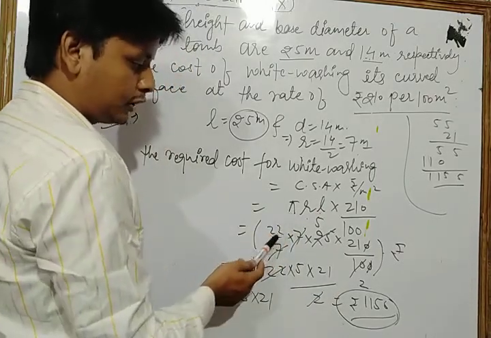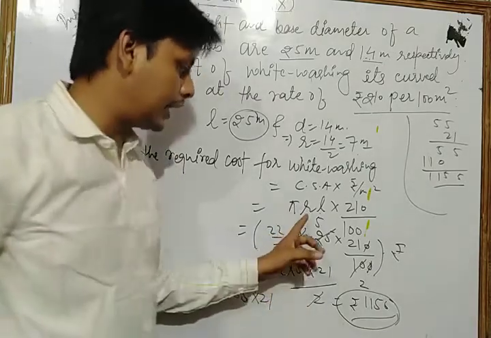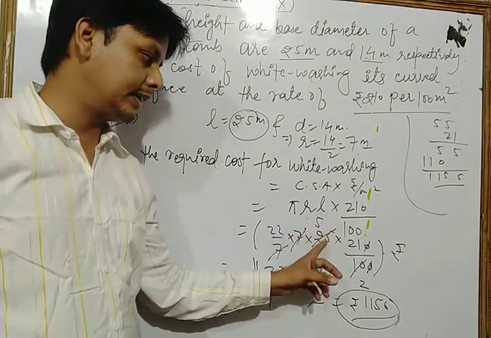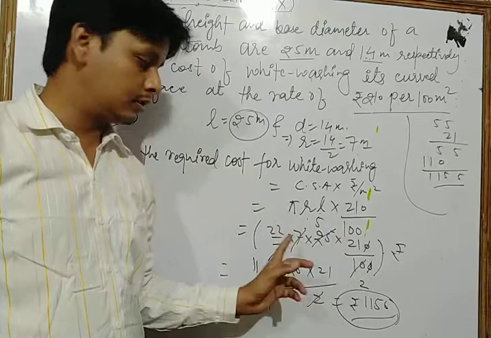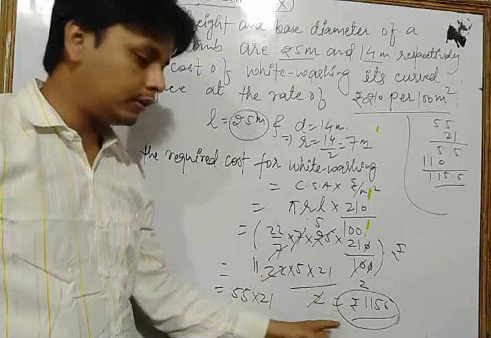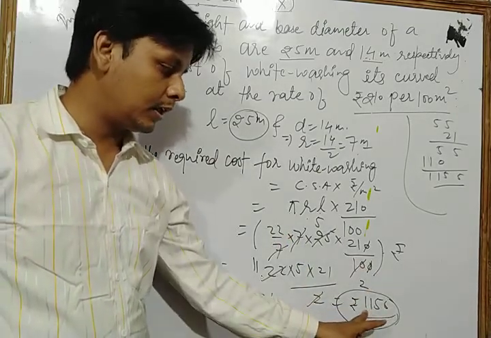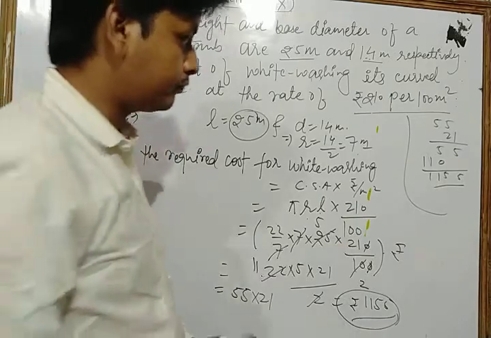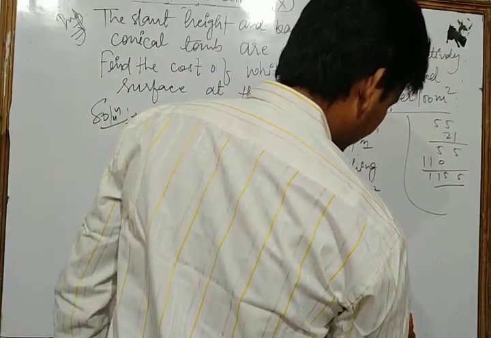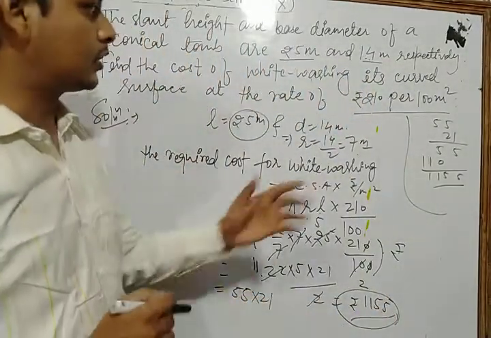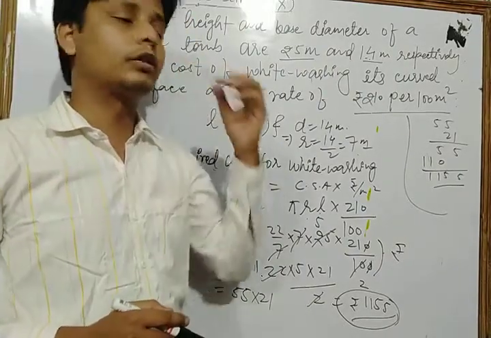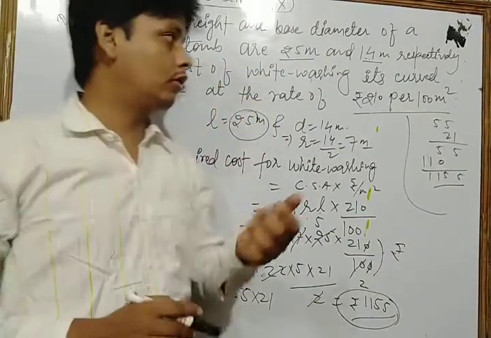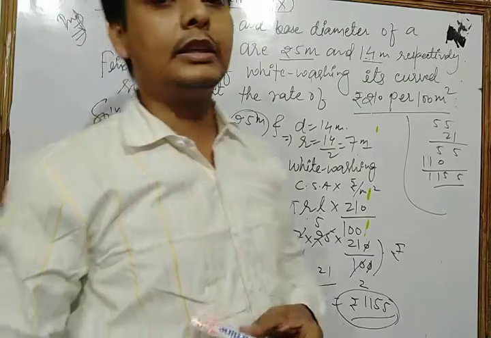The value of pi is 22/7, the value of r is 7, the slant height is 25. So after solving it, we get our result, that is 1155. 1155 is the cost of whitewashing the curved surface at the rate of rupees 210 per 100 meter square.